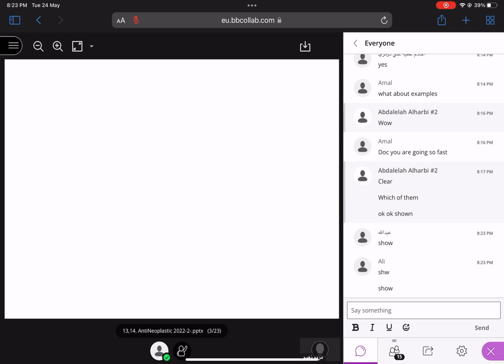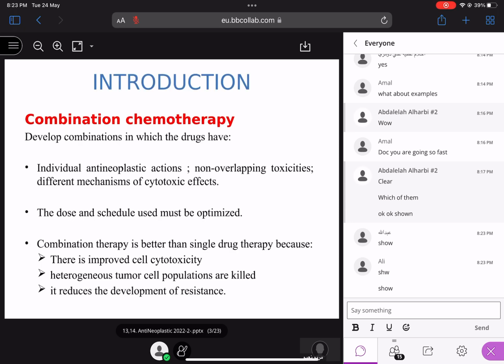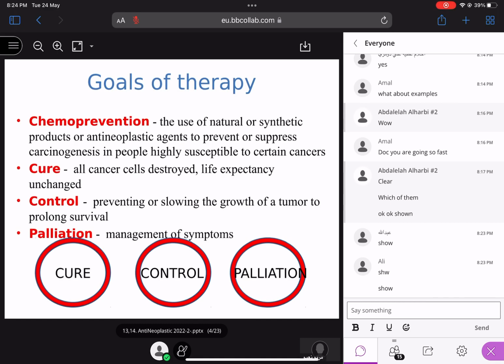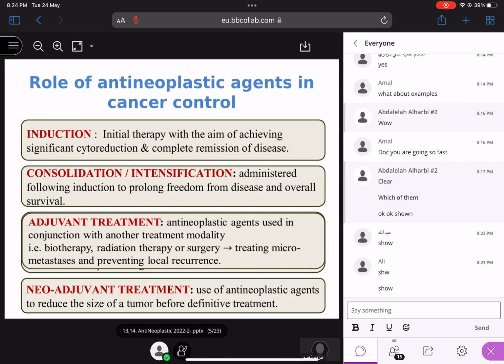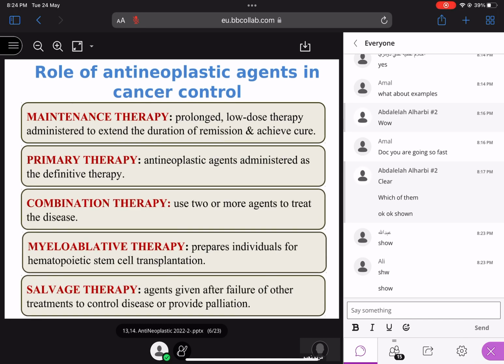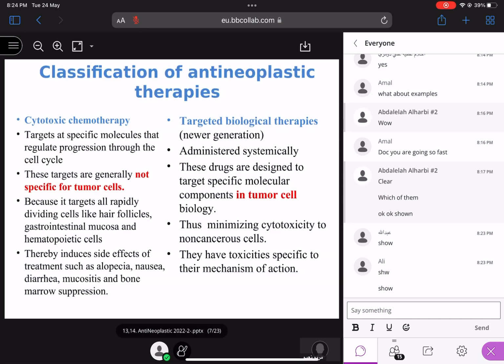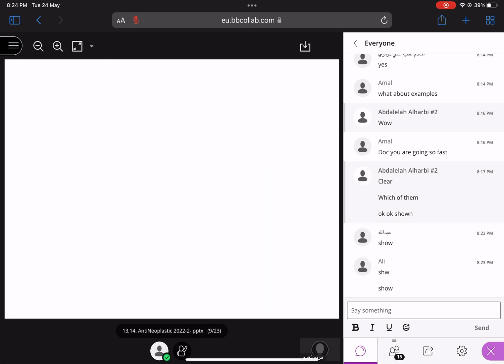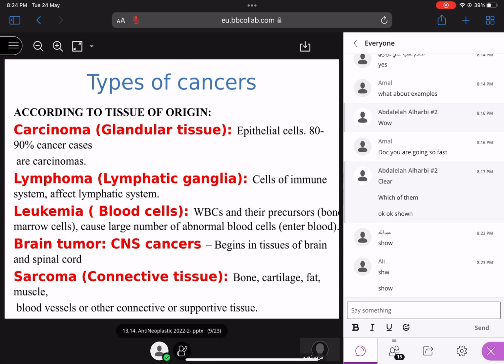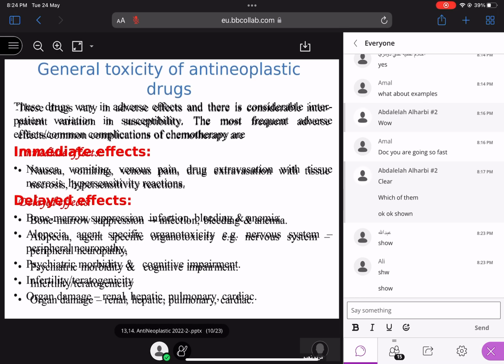Okay, you know what cancer is, what combination chemotherapy is, what the advantages of that are, what the role of anti-neoplastic agents is. You already know this, you know the mechanism, you know the tissue of origin.